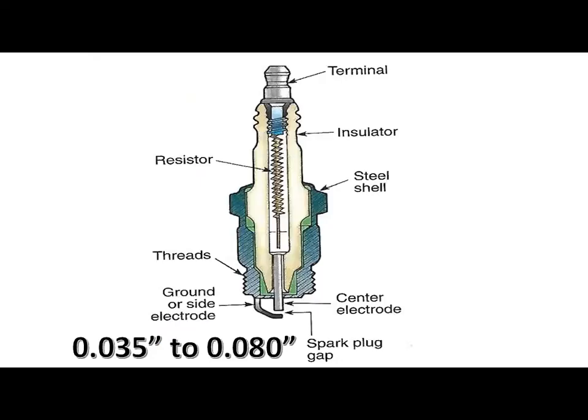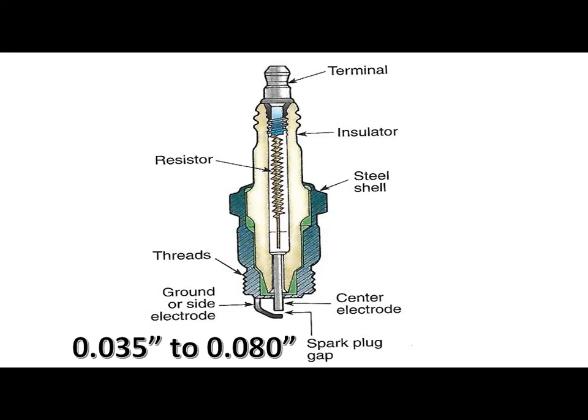A ground electrode is attached to the lower edge of the shell, and the outer end of the ground electrode is positioned over the top of the center electrode. The spark plug gap is the distance between the center and ground electrodes. This gap may vary from 0.035 inch to 0.080 inch, depending on the engine and ignition system design.